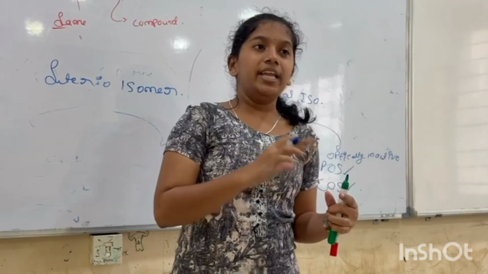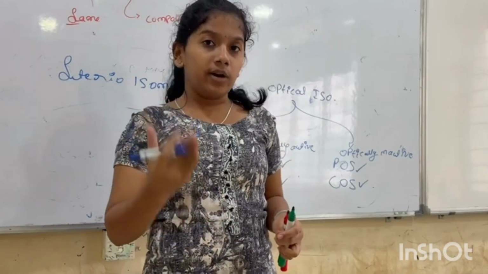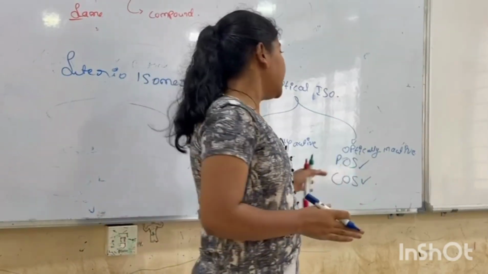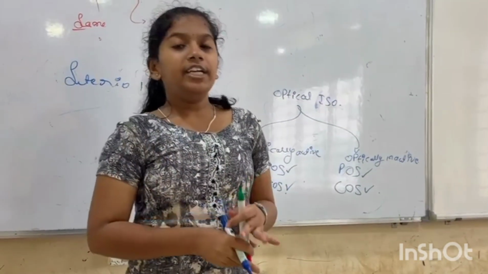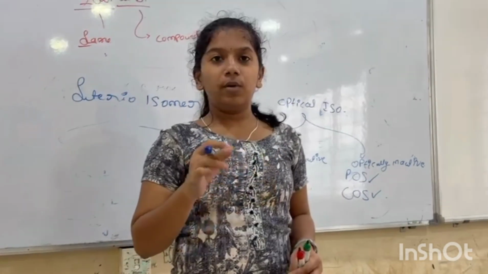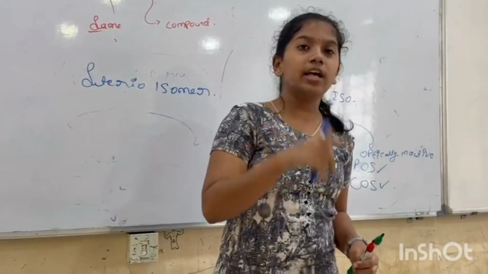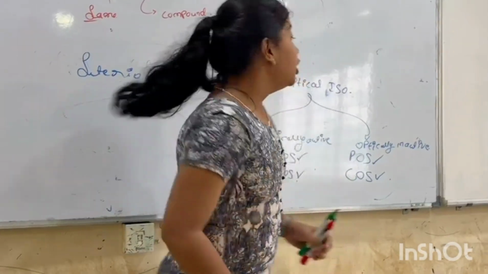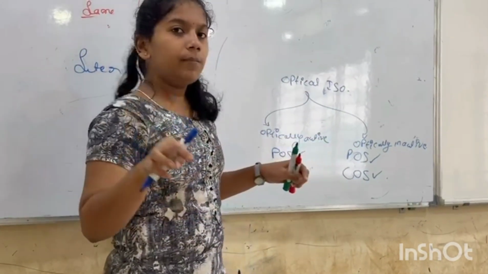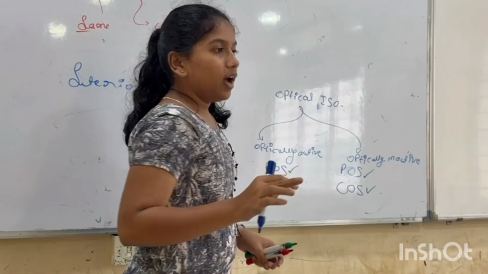The meaning of chiral center is four different types of groups. The main rule of a chiral center is that sp3 hybridization should be present with four bonds, and different types of atoms are present around the carbon atom. If these two rules are applicable, the carbon is called a chiral center.